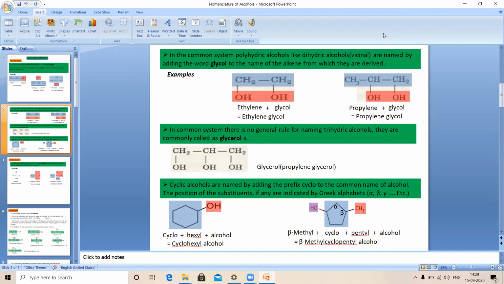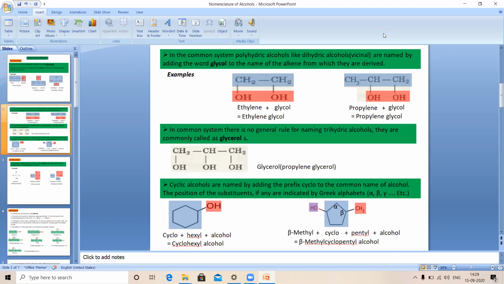For example, if we take CH2, two OH groups are attached. The CH2 group is the ethylene and the OH group is the glycol, and that's why the name becomes ethylene glycol.